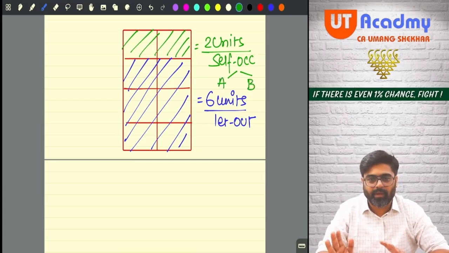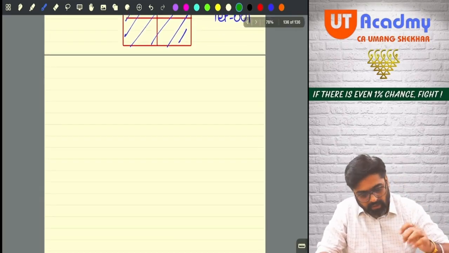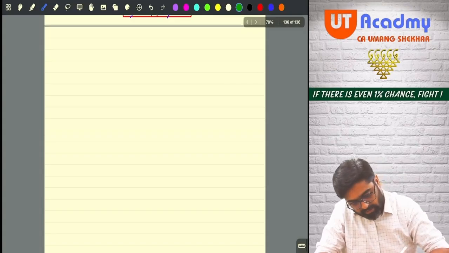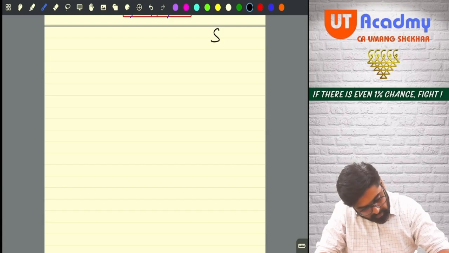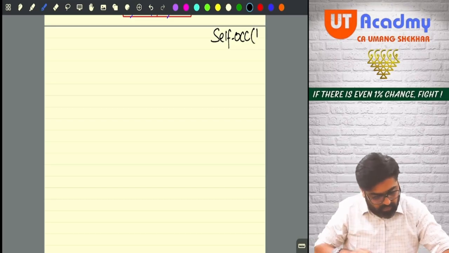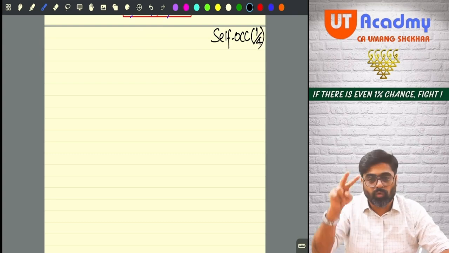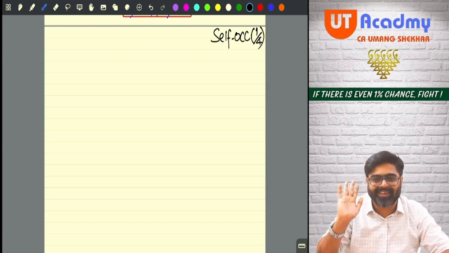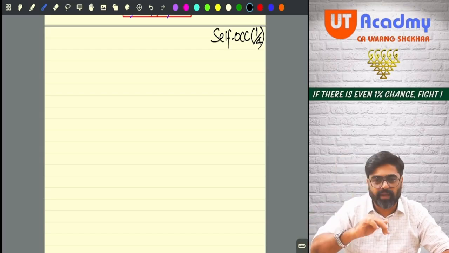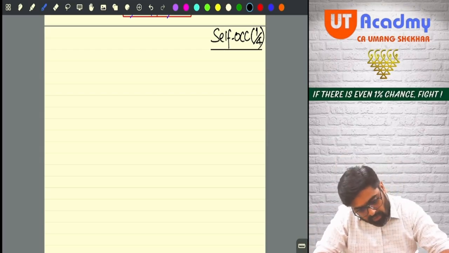Now, whenever I make my format, I'll have to keep this in mind. Please pay attention. See, this will be my self-occupied portion, which is nothing but 1/4. How come 1/4? 2 out of 8 is 1/4 only. And in this, I will make 2 columns.